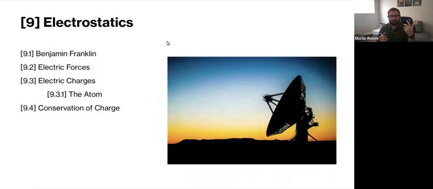We've got electric forces, so the fundamental attractions, just sort of like gravitation, between two objects that are charged. And then we'll talk about where those charges come from in the atom, and then conservation of charge is another topic we'll hit. And then one more I've not got on here, but it will be Coulomb's law.